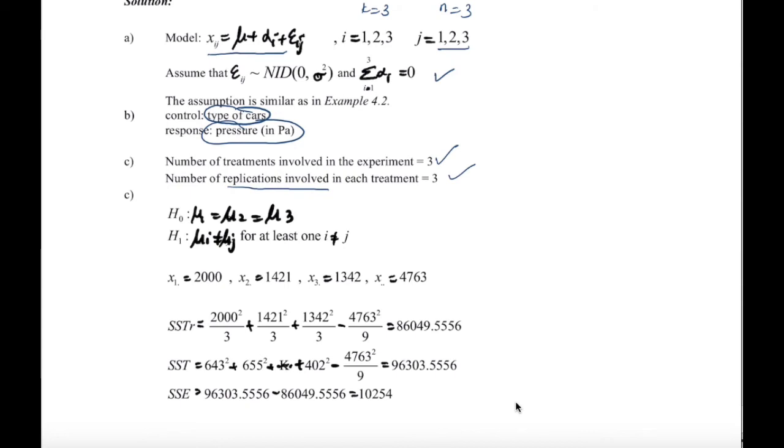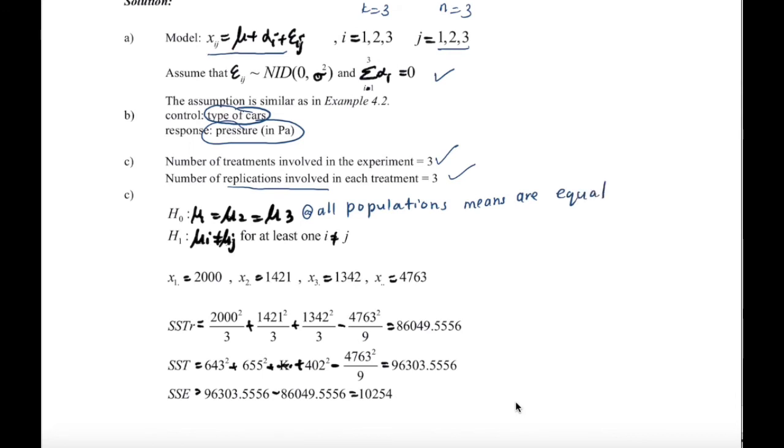So the H null is mu1 equals mu2 equals mu3, or you can write down all population means are equal.